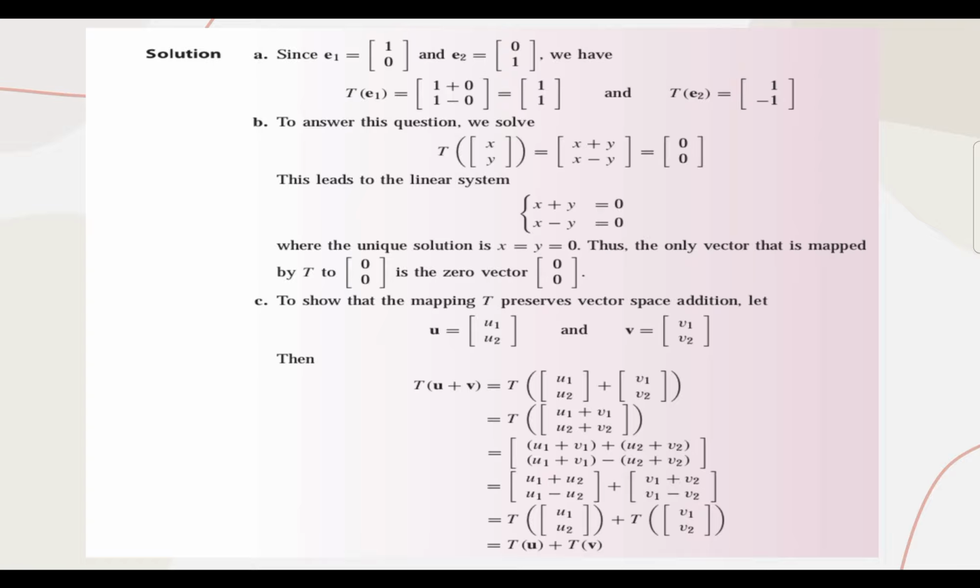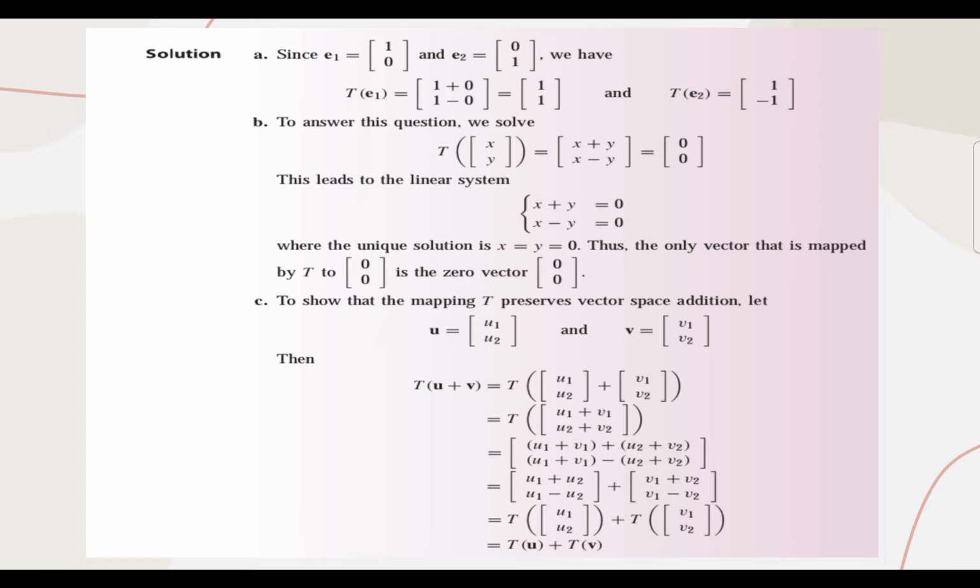For additivity, transforming the sum of two vectors must equal the sum of their individual transformations. So T of (u plus v) is equal to T u plus T v. Homogeneity: scaling a vector before transforming it must give the same result as scaling the result of the transformation. So we get T of (cu) is equal to c T u.